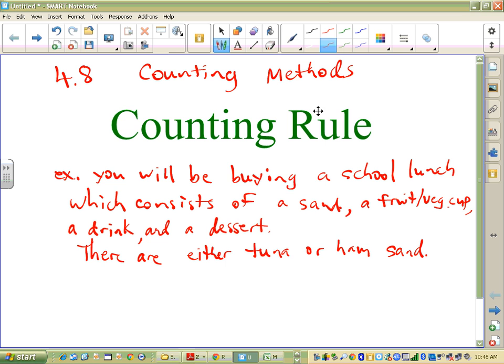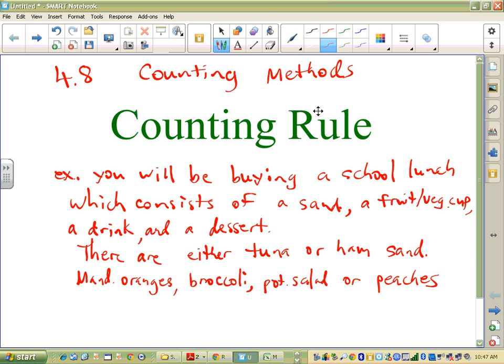Gotta include mandarin oranges, broccoli, potato salad, or peaches. Okay, so right here, this is for the sandwich choices. Right here, this is for the fruit cup.